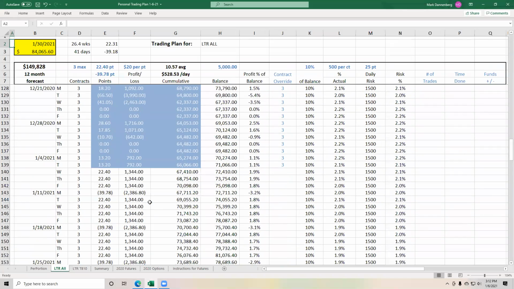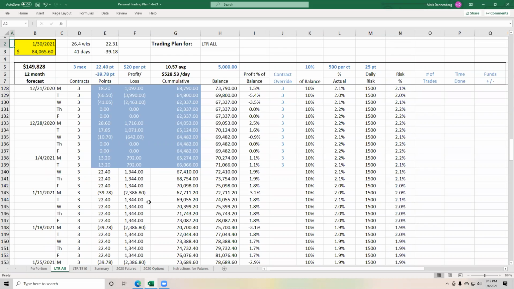So a personal trading plan is a tool that we designed here at Options Moneymaker to help traders understand how did I do today? How does that compare to how I've been trading? And how does that compare to, or how will that project forward if in fact I continue to trade the same way I've been trading? So there's what we call a run rate.